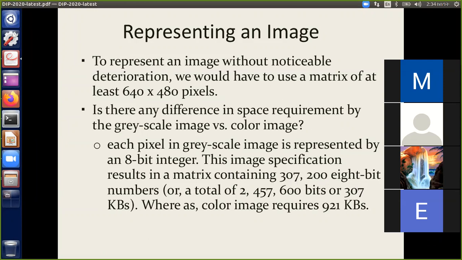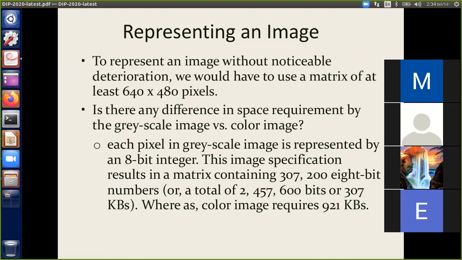But if it is a color image, we have to multiply 307,200 by 24 bits. So as the number of bits increases, the memory space requirement for a given image also increases. But for a monochrome image, since there are only 2 levels, it requires only 1 bit, that means 307,200 bits.